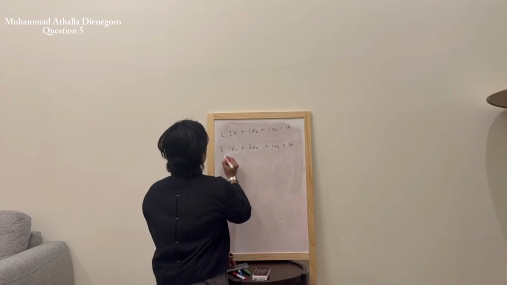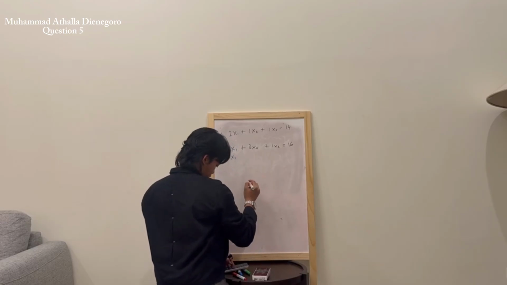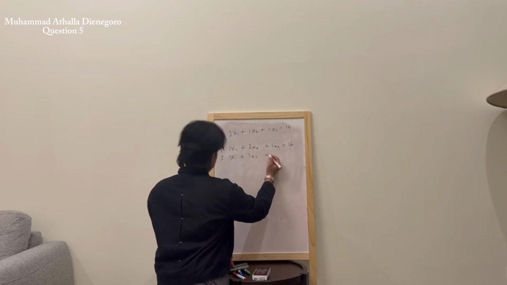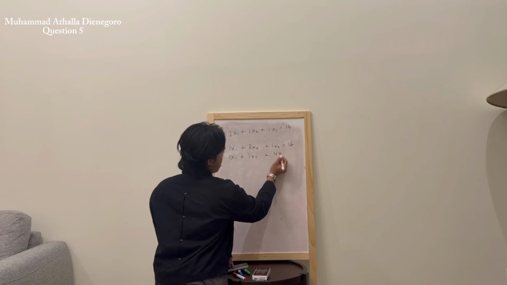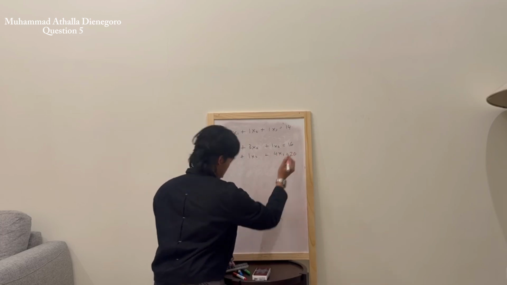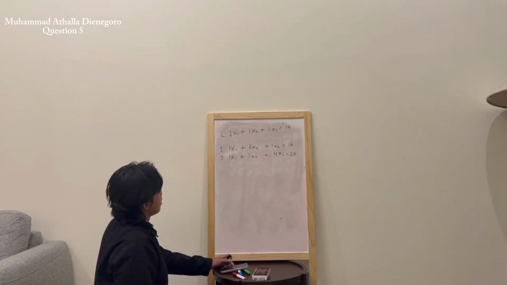Next is 1x1 plus 1x2 plus 4x3 equals 20. Okay, let's jump to the formula.